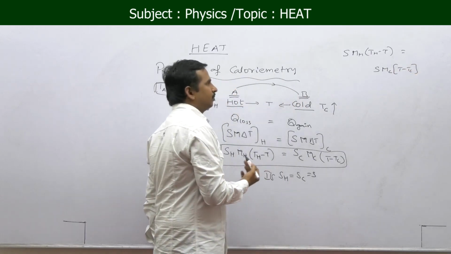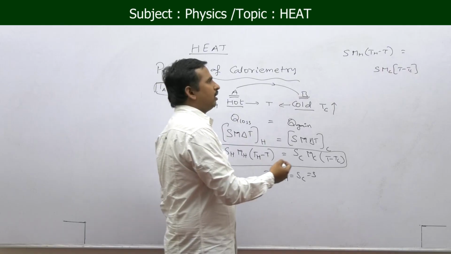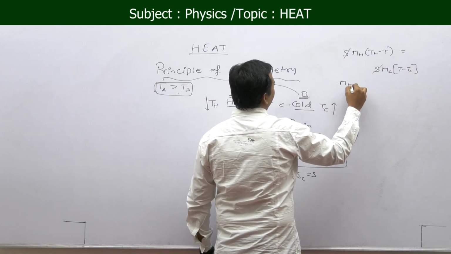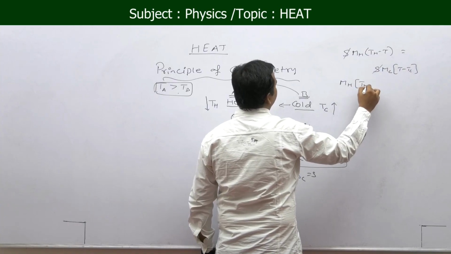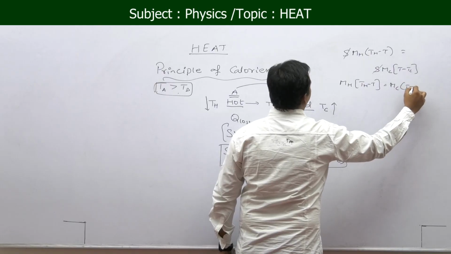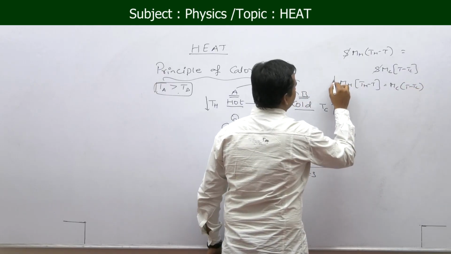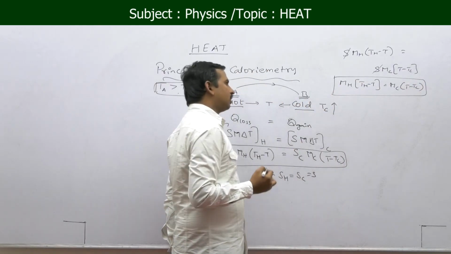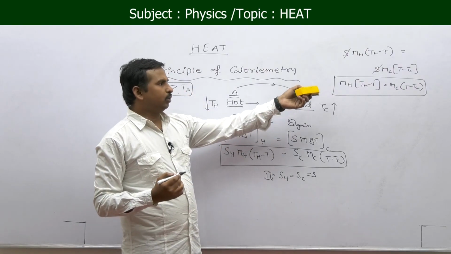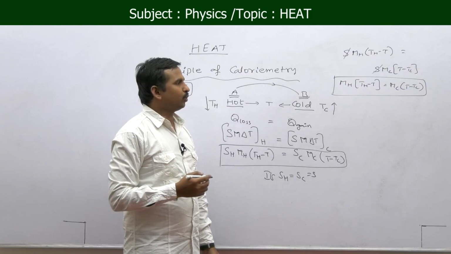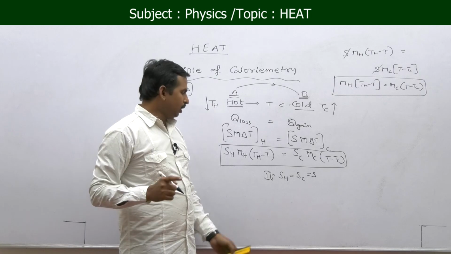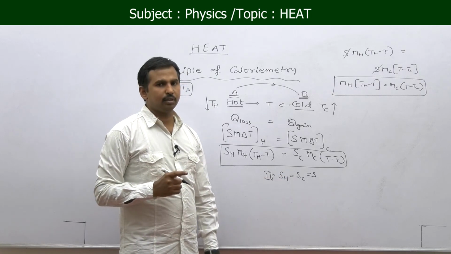Okay. Then here S and here also S, both the S cancel, and we get mass of hot body times TH minus T is equal to mass of cold body times T minus TC. This is the case, okay. So mass of hot body into TH minus T is equal to mass of cold body into T minus TC, if in both the cases the specific heats are the same.